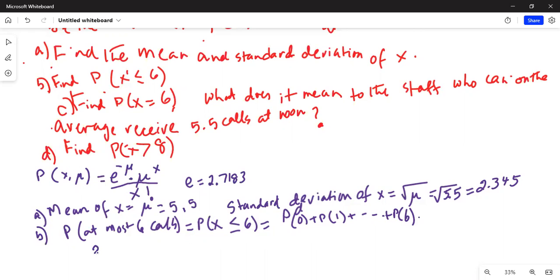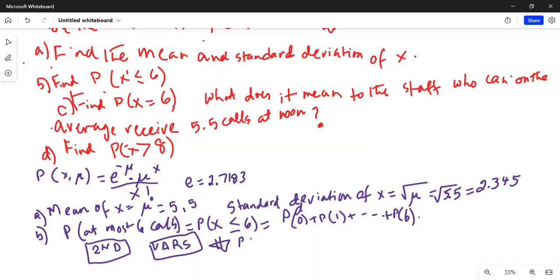First we will press the second key, then the vars key, and then we will scroll down to Poisson CDF, because it's adding from 0 to 6, so we use the CDF, the cumulative distribution.